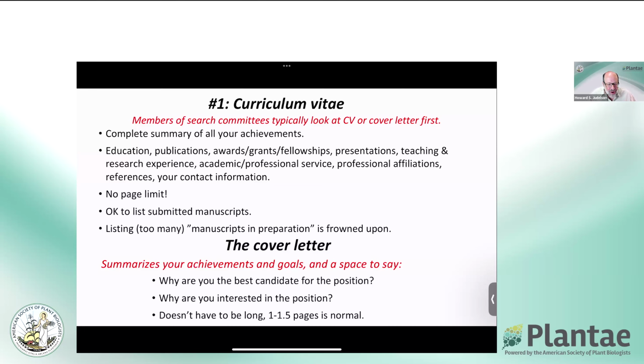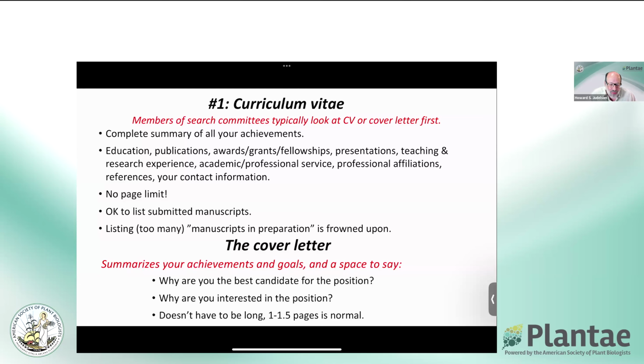And as I mentioned earlier, the publications are really the most important part. So they should come relatively early in the pages. If you have submitted manuscripts, it's okay to list those, but you probably want to avoid listing manuscripts in preparation.